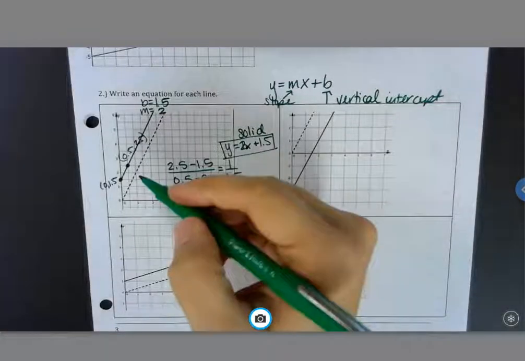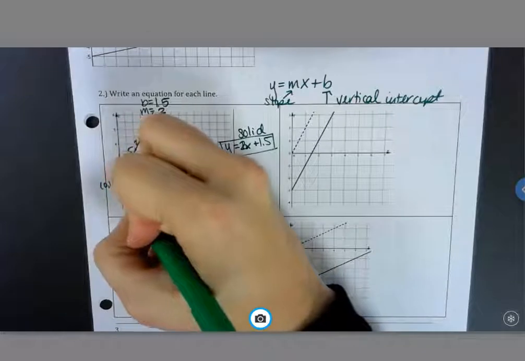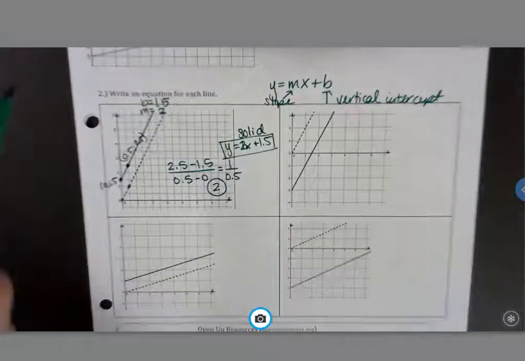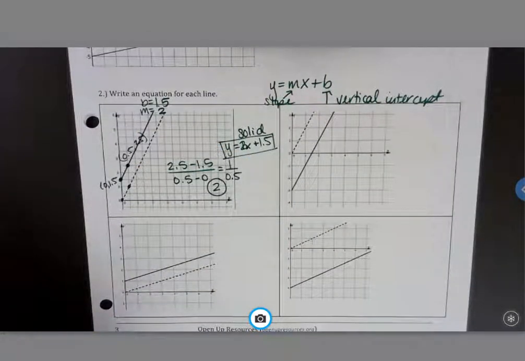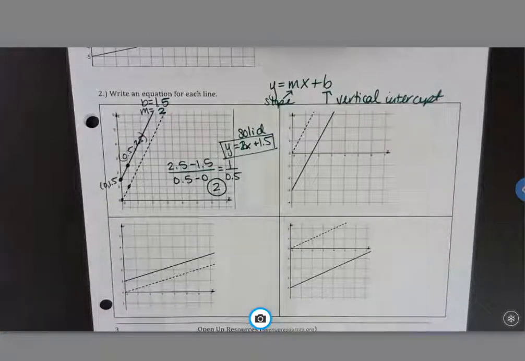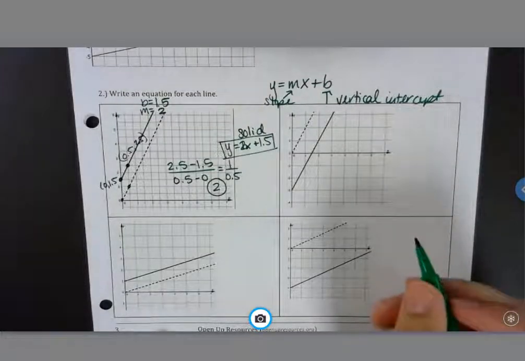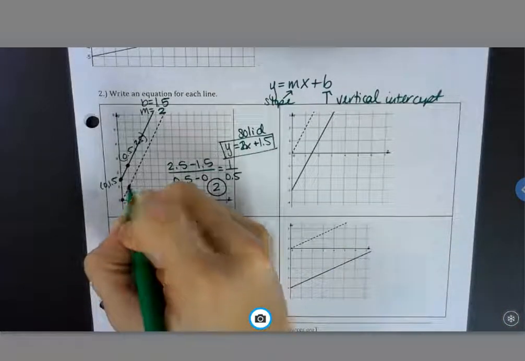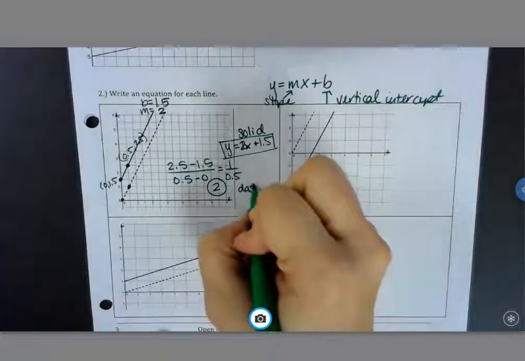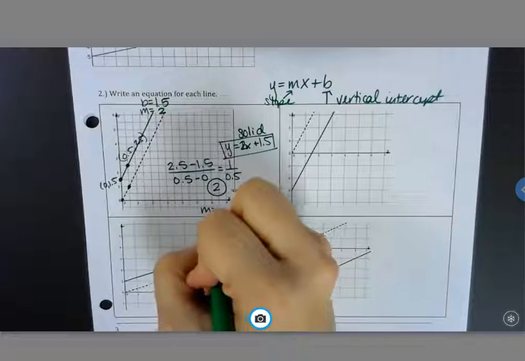Guys, since these are translations of each other, they should have the same slope. If you think back to Diego's problem, no matter if he had $0 saved or $30 saved in his bank account, he still made $10 per hour. So since they're a translation, they should have the same slope. So the slope of this dashed line is still going to be 2.